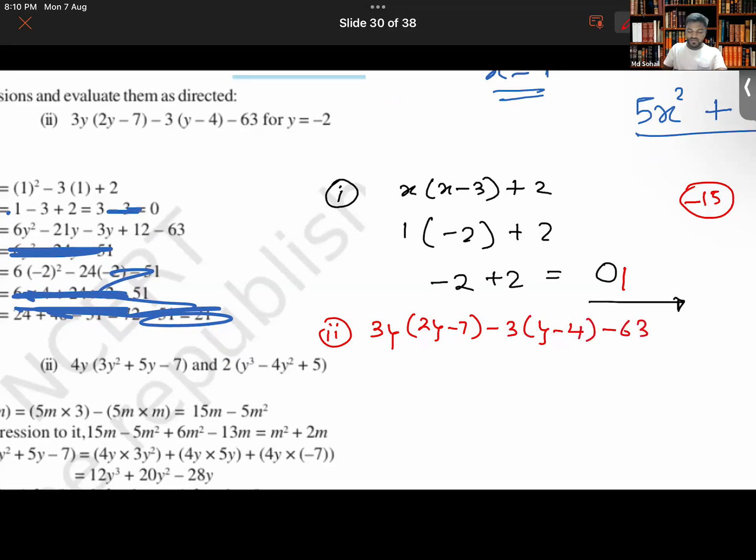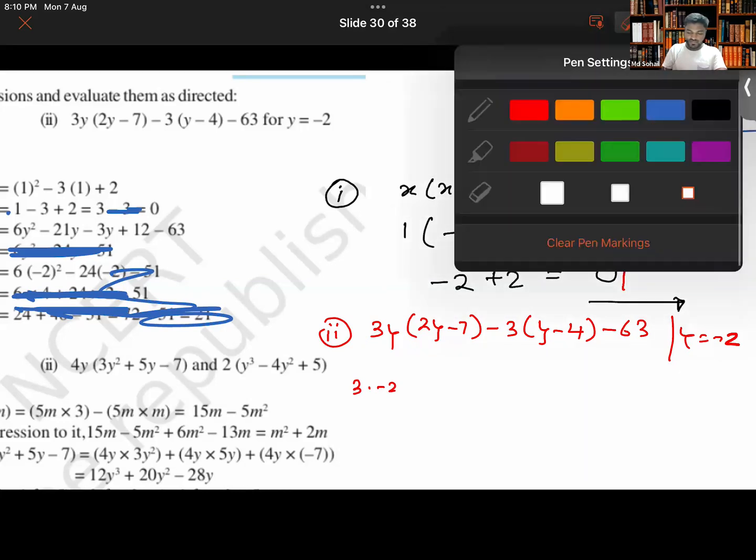And the value of y here is minus 2. So 3 into minus 2 here. We can just write the answers.